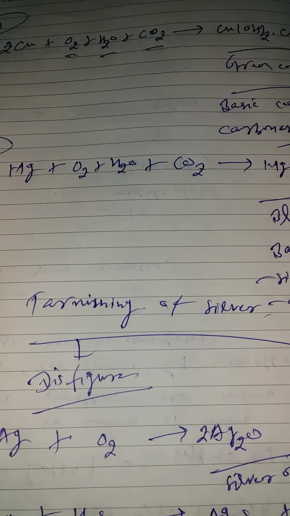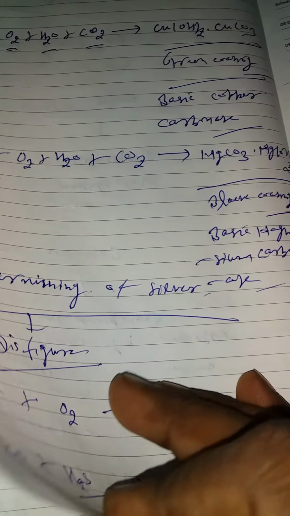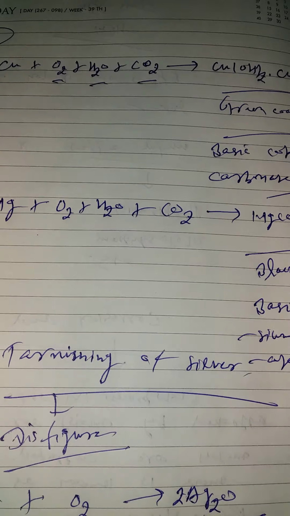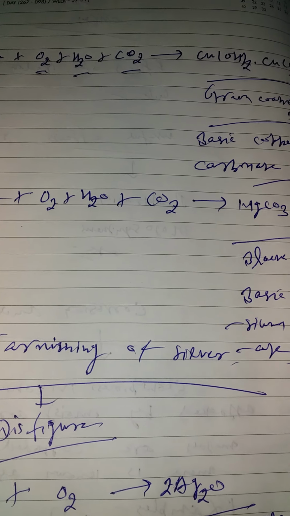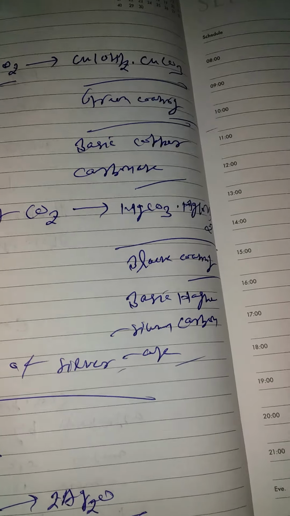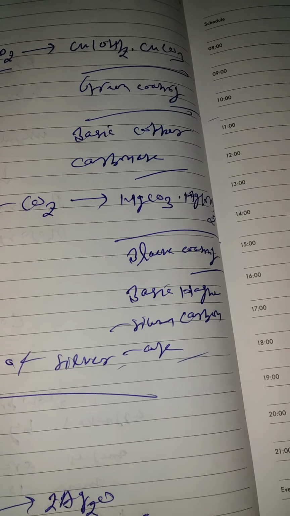So in this topic we discussed corrosion, and corrosion is mainly dangerous for iron articles, and the rest have no vital problem.